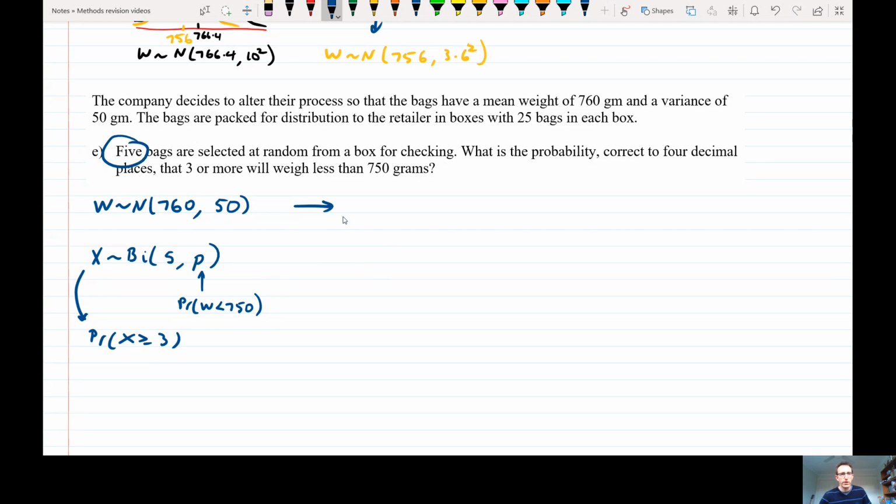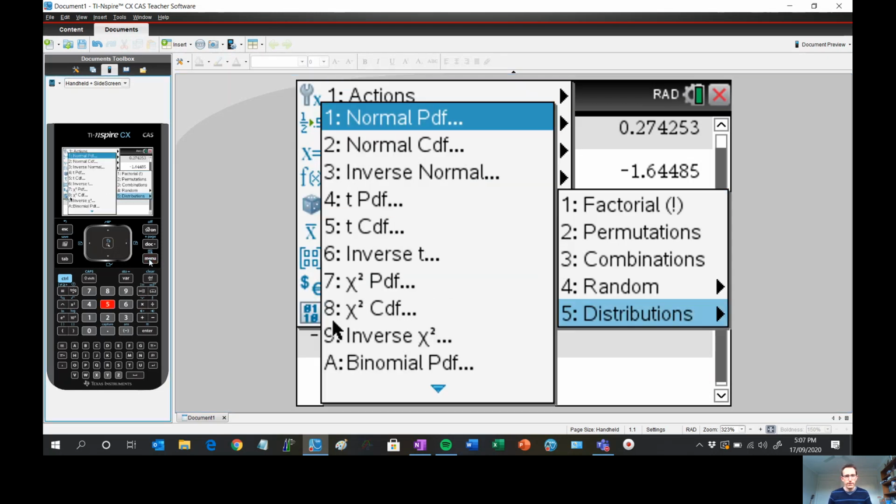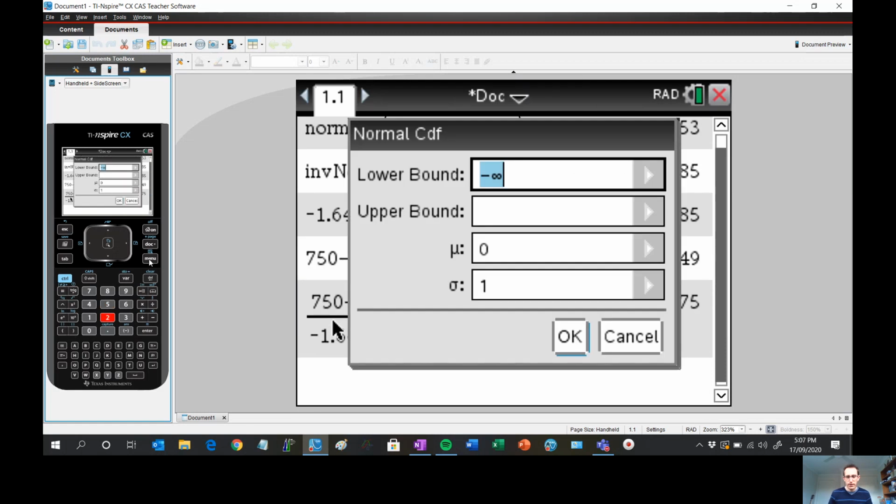So we do use the normal to start with. Remember to find the normal value, the probability of W being less than 750 is going to be equal to, well, we use our calculator. We're going to have menu 5, 5, and then number 2. The lower value is that one. The upper value we said was 750.